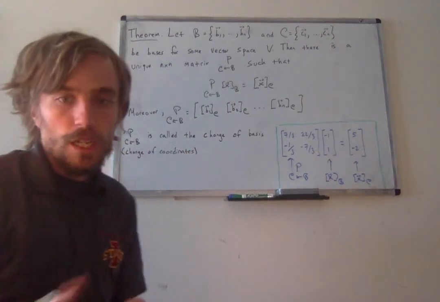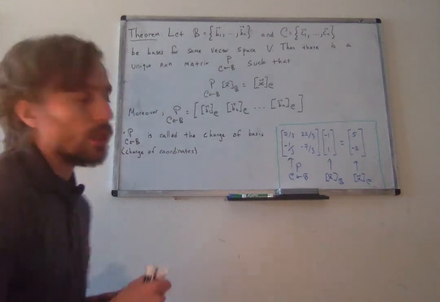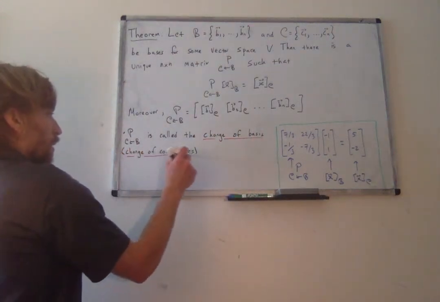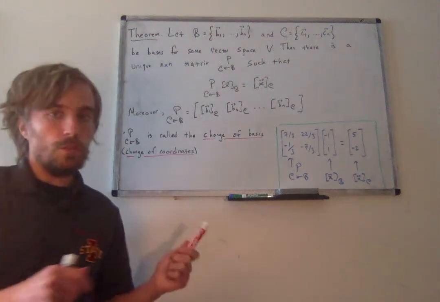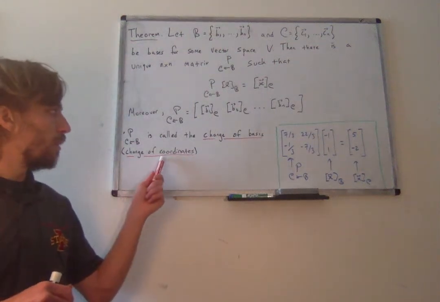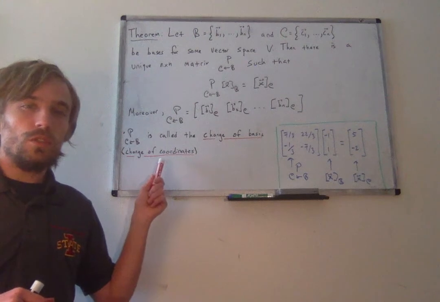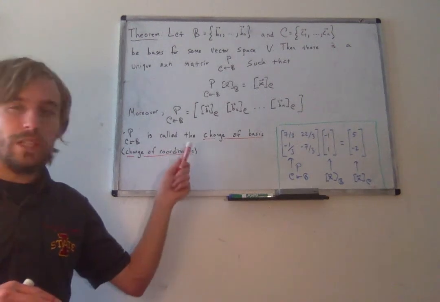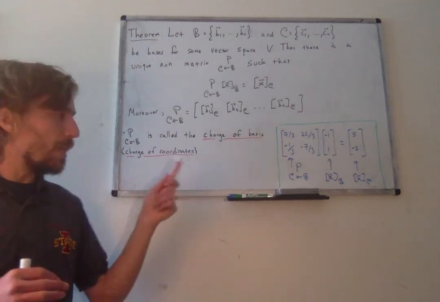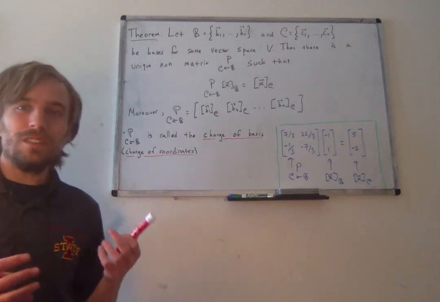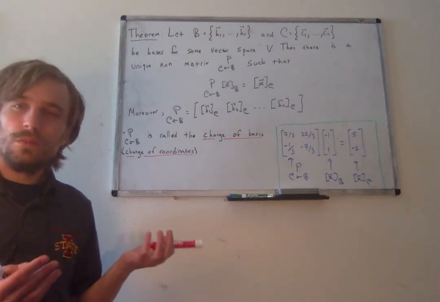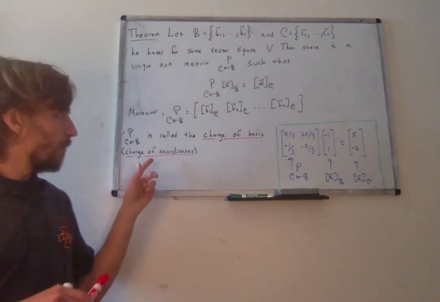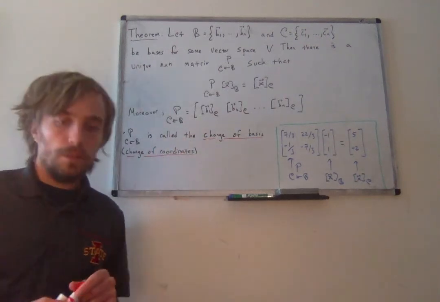If you see change of basis or change of coordinates matrix, those mean the same thing. I'll try to keep the notation as consistent as possible, so since your book uses change of coordinates, I'll do my best to use that. But I know occasionally I'll accidentally say change of basis, because I think it's a better term since we're changing bases. Either way, same thing.